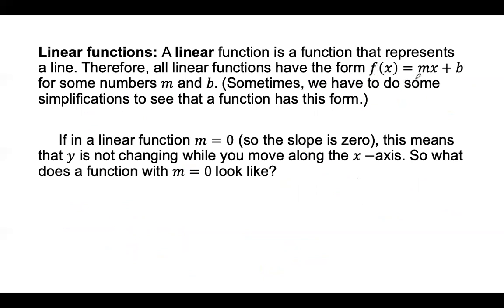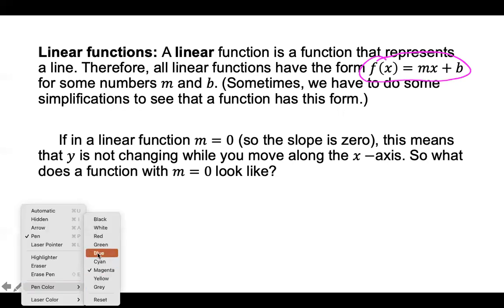So we have f of x equals mx plus b, where x again is that input, for some numbers m, where m is our slope, and b is that y-intercept. Sometimes we have to do simplifications to see that this function has this form. Sometimes you have to multiply things in, but we can see that.